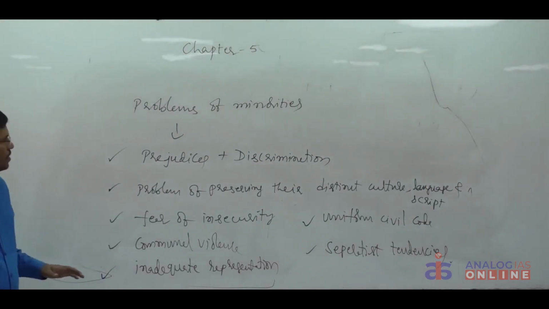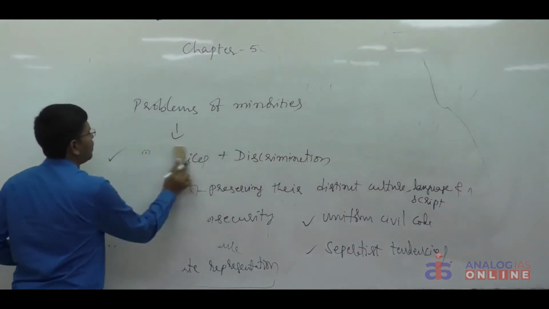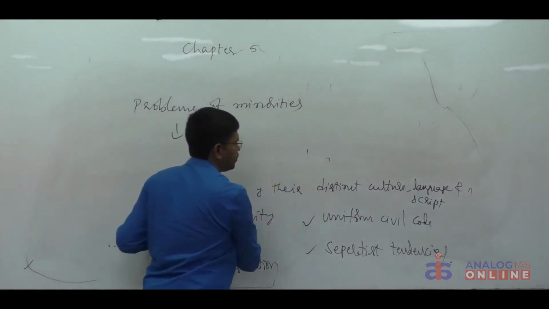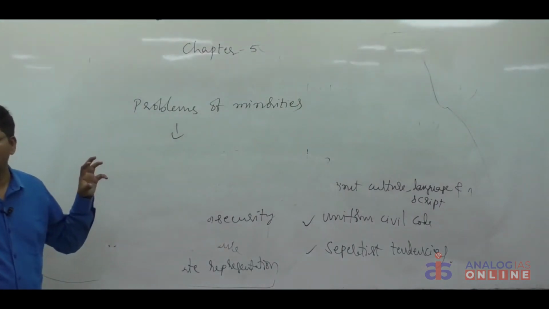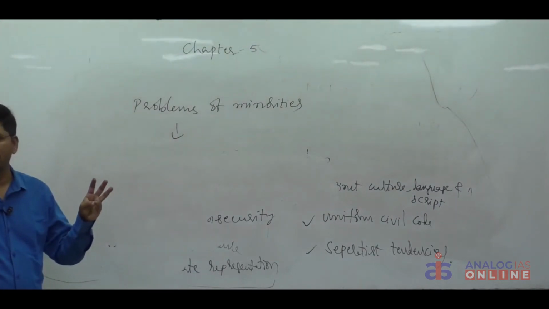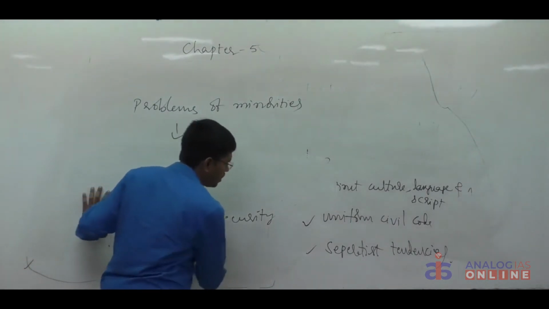You can give a general explanation, and other aspects that you should know are nothing but the measures taken for the development of minorities. Constitutional measures, legislative measures and administrative measures. Administrative measures means different schemes.